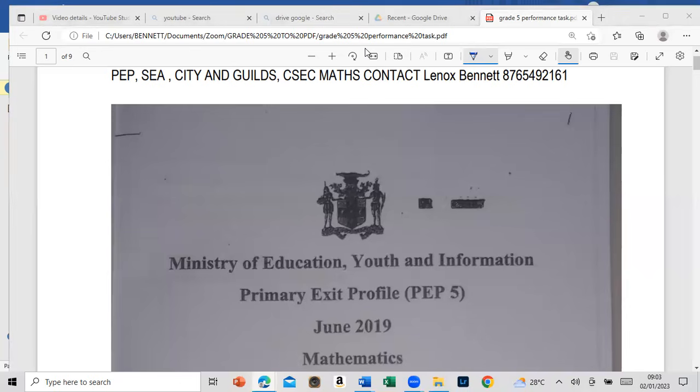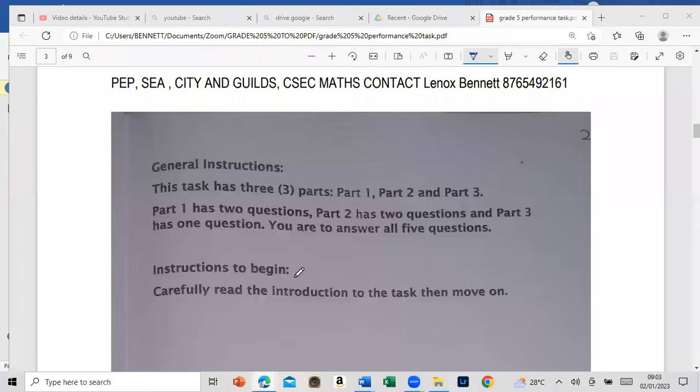Let's go. All right, so this is the general instruction, and it says this task has 3 parts: part 1, part 2, and part 3. Part 1 has 2 questions, part 2 has 2 questions, and part 3 has 1 question. You are to answer all 5 questions, and the time allotted is 1.5 hours.